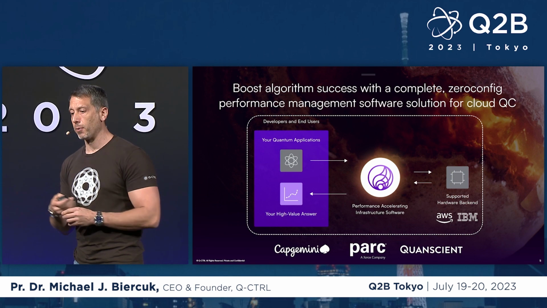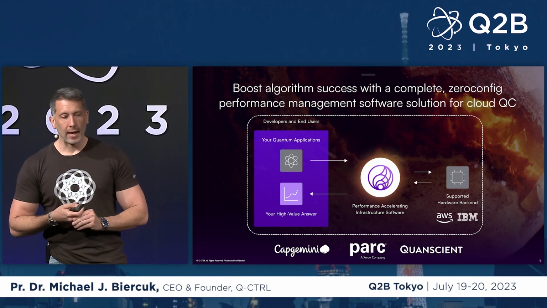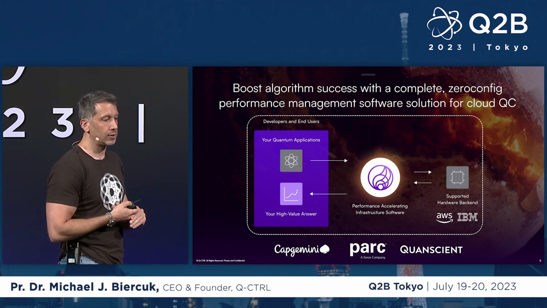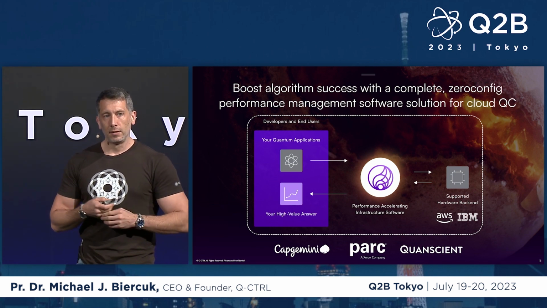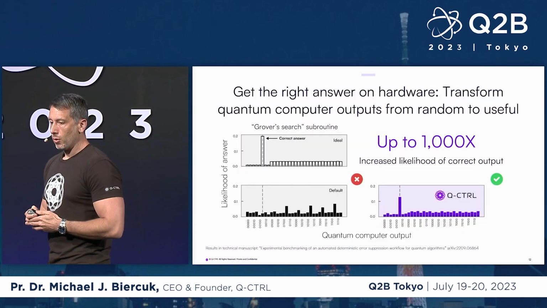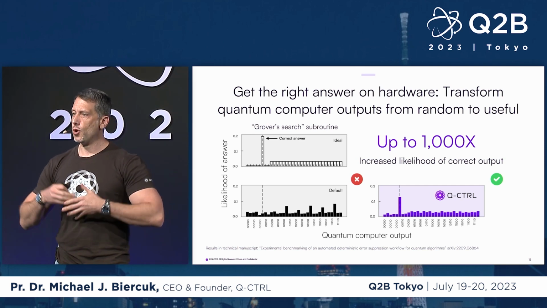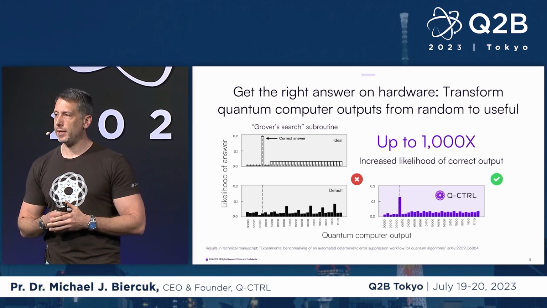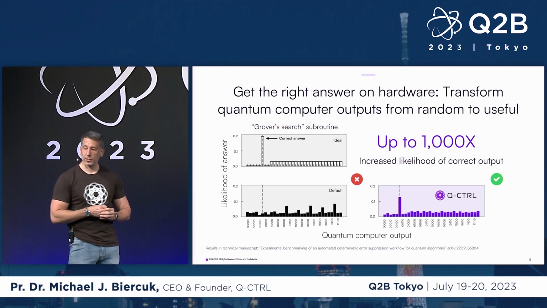It connects to supported backends via IBM and AWS, and we've been very happy to work with organizations like Capgemini, Park, and Quantient to put this software through its paces. What does it deliver? Well, remember the problem that I showed you before, the noise, the random output from a machine. With Opal, you get the answer on the bottom right.